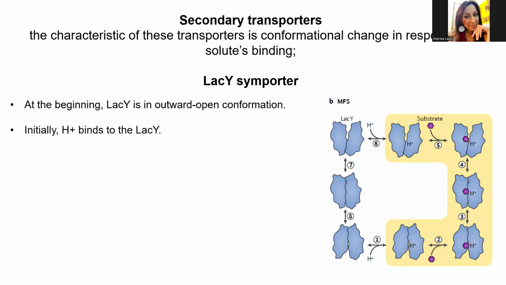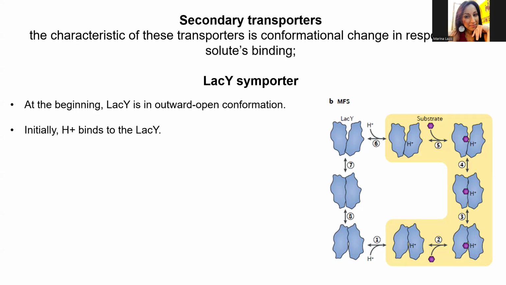But unlike the TRAP transporter, LacY actually binds the hydrogen ion first. Now it's opposite. In the TRAP transporter, you first had sugar binding, then hydrogen binding.